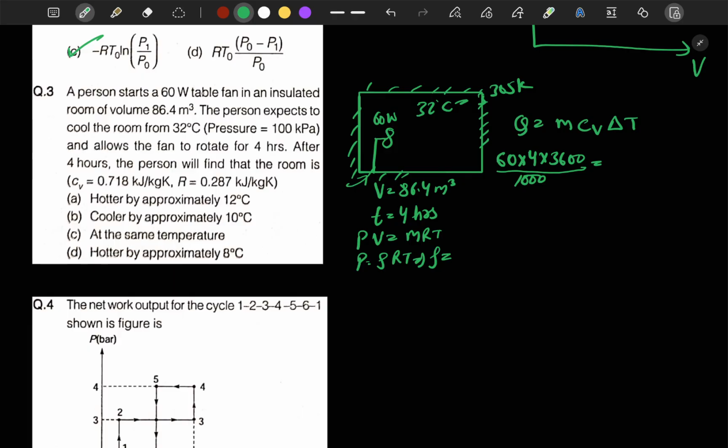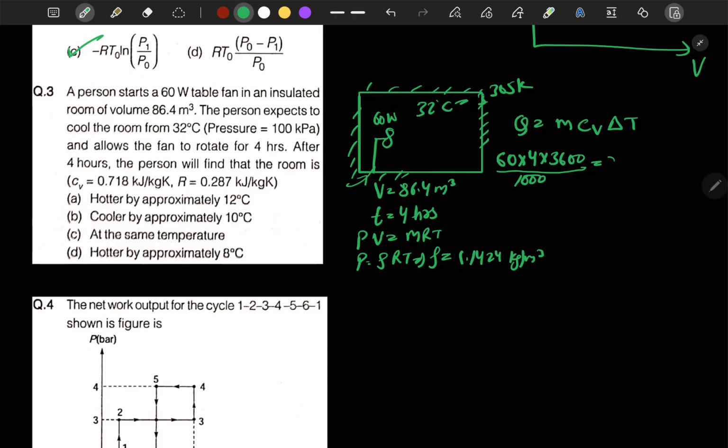Pressure is given as 100 kilopascal, so we got the density as 1.1424 kg per meter cube. So we can multiply the density with volume, that is 86.4, and we can get the mass.